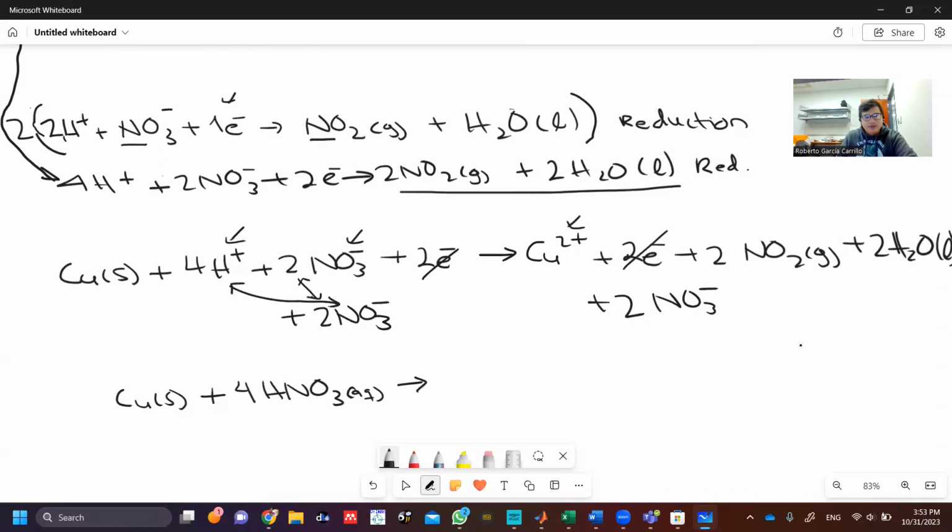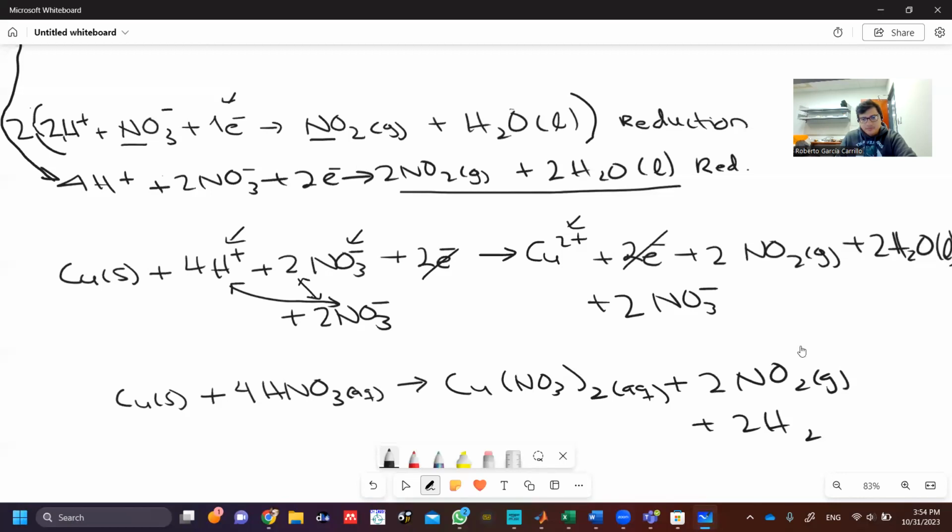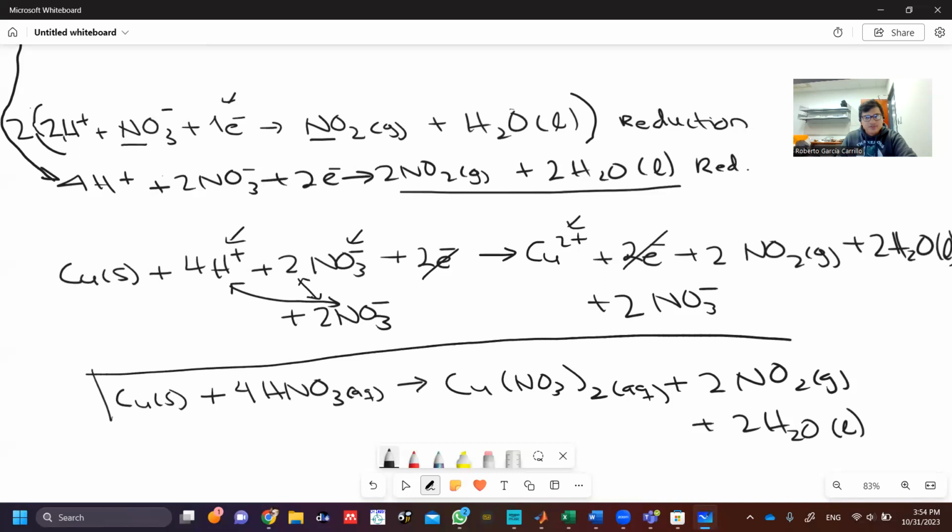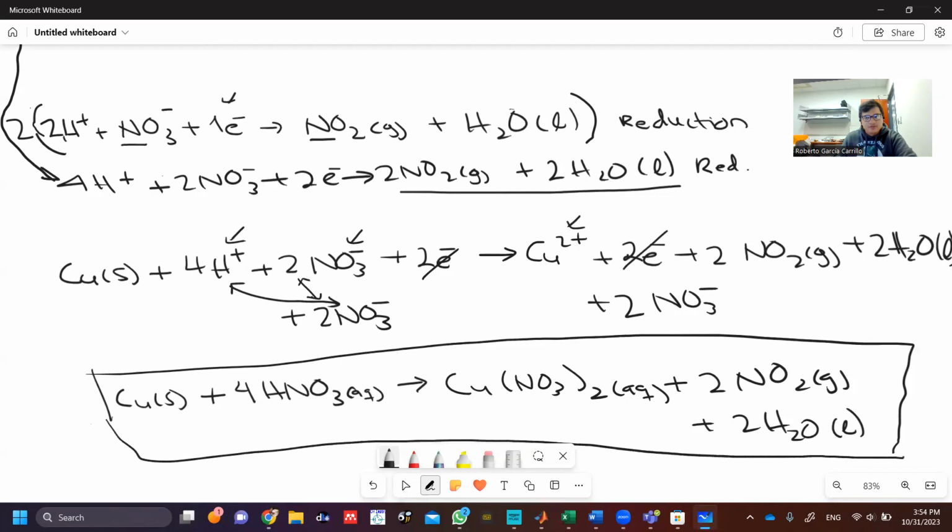And on the other side, we get copper sulfate, which is also aqueous, plus 2 molecules of nitrogen dioxide gas, plus 2 water molecules. And this is the overall balanced equation for the redox reaction number 1.